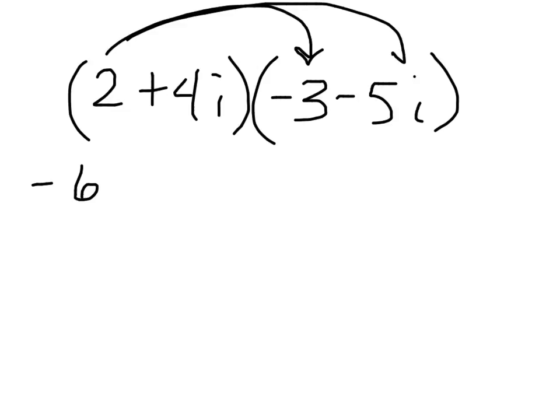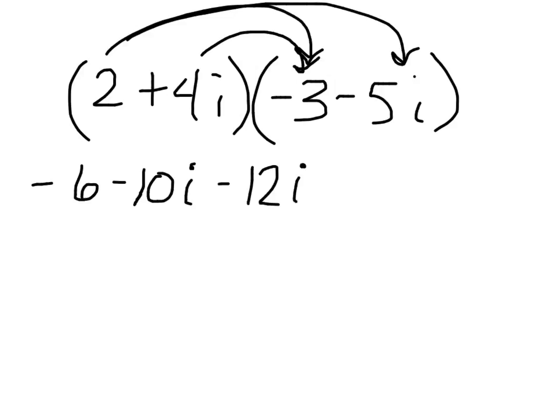What's 2 times negative 5? 2 times 5? You squared it. What's 4i times negative 3? And what's 4i times negative 5i? Don't forget that that was i squared.